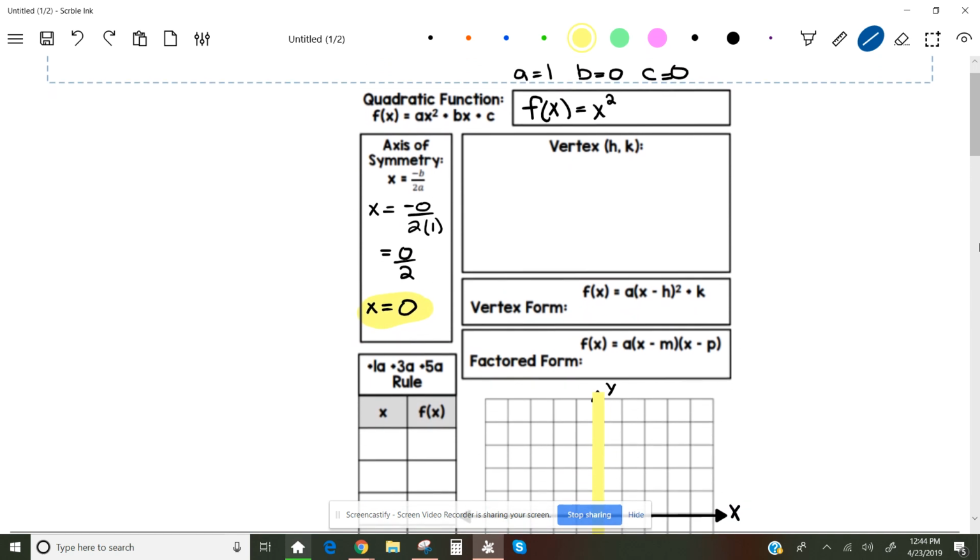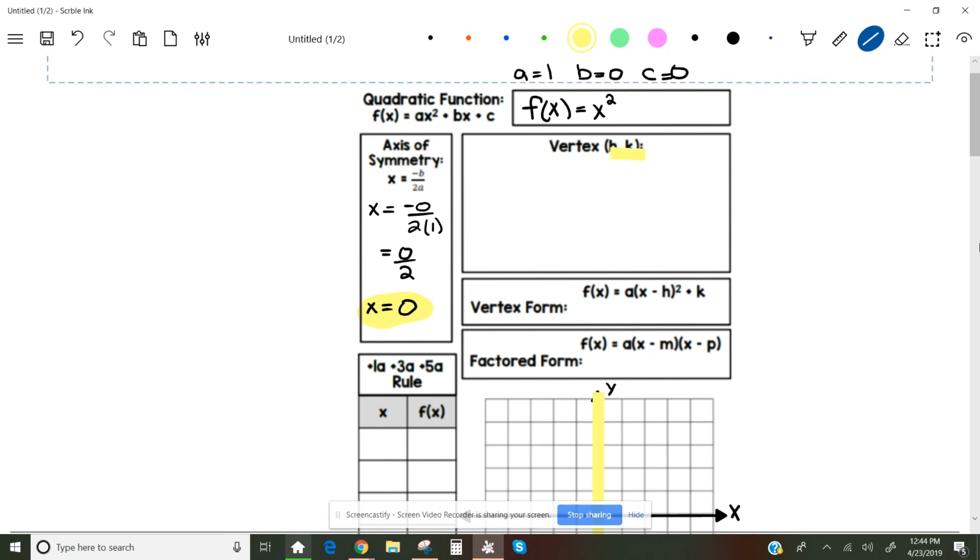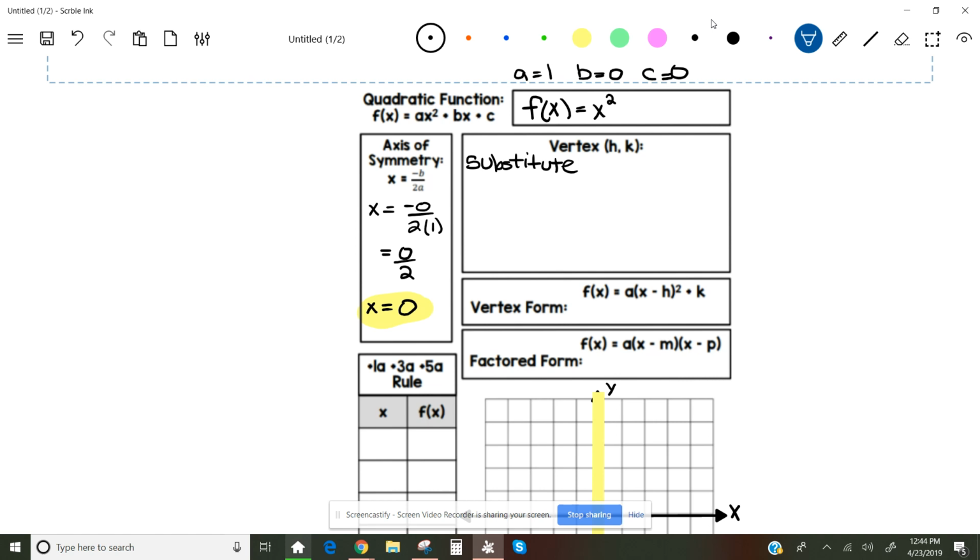All right. Now, the next thing that we need to do is figure out what the vertex is. So our vertex is going to be using our formula that we have at the top. In order to do that, we take what we have for x and substitute our x in the function. All right, so I have that x is 0.